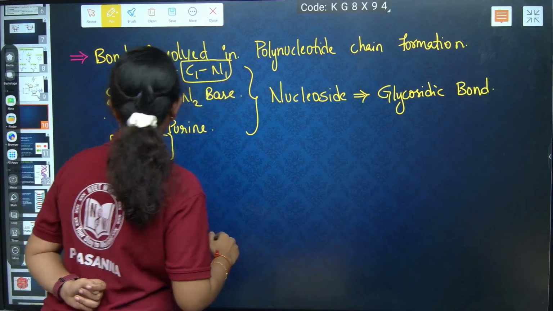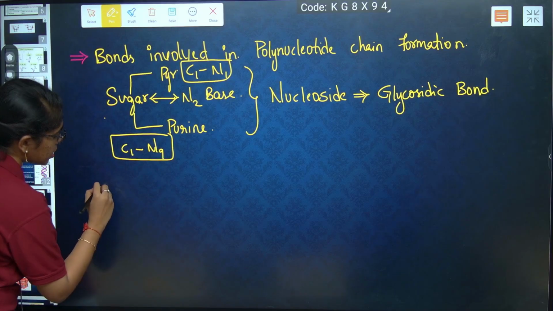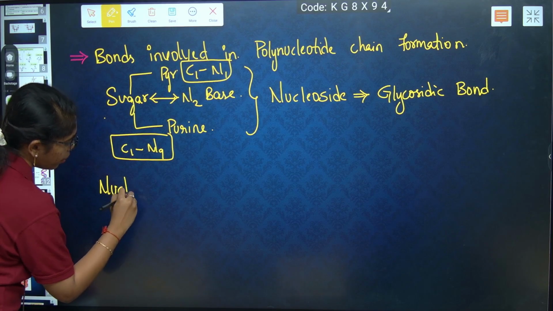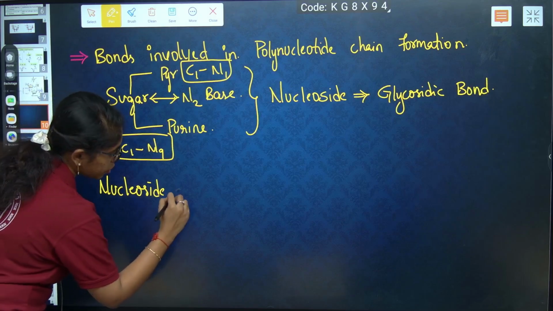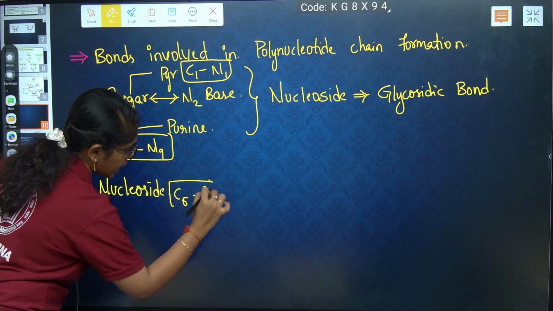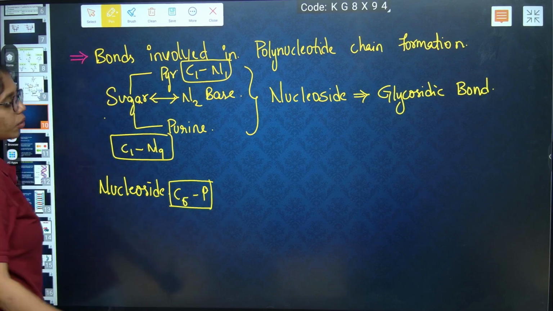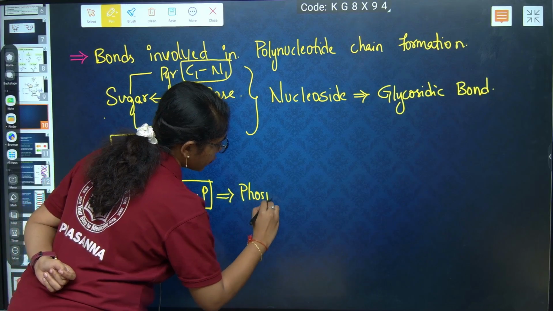The second type of bond is the phosphoester bond. What is a phosphoester bond? From the nucleoside, the fifth carbon of the sugar is attached to a phosphate group.